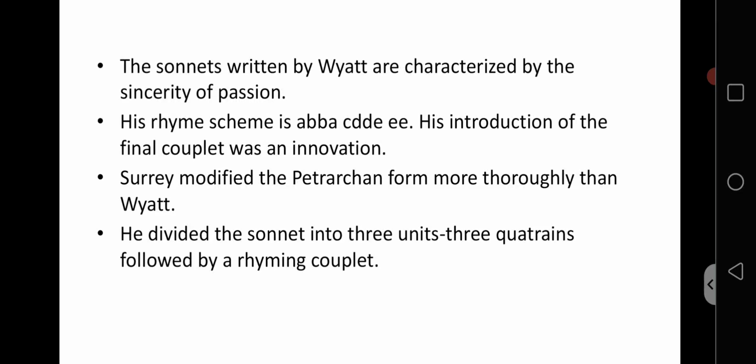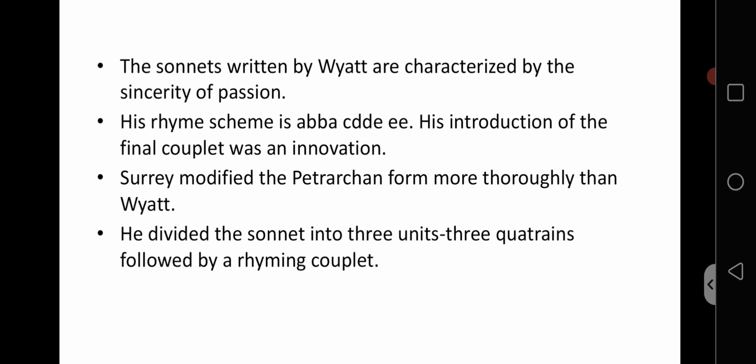Now, when we study the Earl of Surrey, he also changed the Petrarchan form and he made it more thoroughly than Sir Thomas Wyatt. He divided the sonnet into three units, three quatrains, followed by a rhyming couplet.